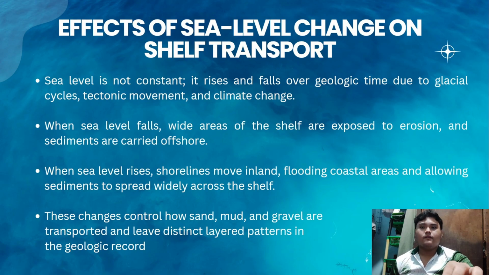When the sea level rises, the shorelines move inland, flooding coastal areas and allowing sediments to spread widely across the shelf. These changes control how the sand, mud, and gravel are transported, and this leaves distinct layer patterns in the geological record.